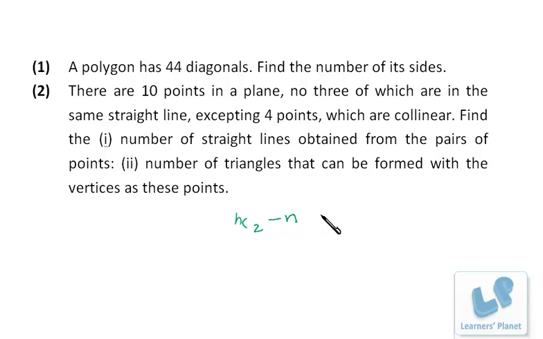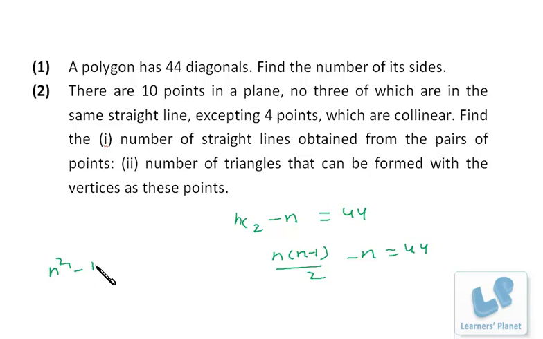Now nC2 minus n is 44, that is given in this case. If there are options, you just put the value of n from the options and match it to the right hand side. But here I'm not having options, so I'm formally solving it. Reduce nC2 to n times n minus 1 by 2, minus n is 44. So let's solve this quadratic equation.